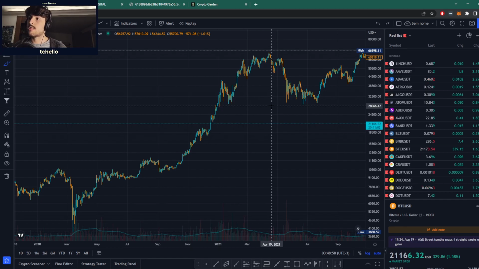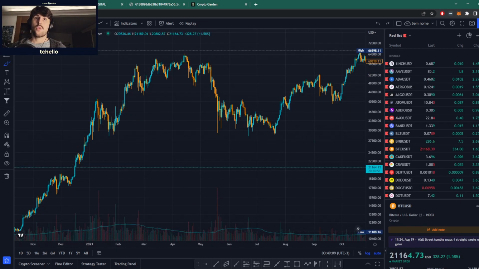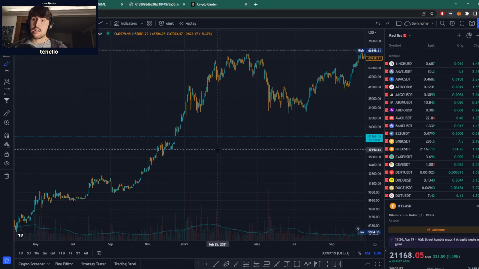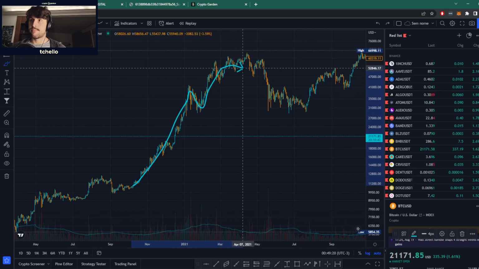Okay, it helps us understand. It's not actually very accurate, but still it helps us understand why the market is moving in a certain way. Okay, so sellers are in control when we are trending down, like here for example, and buyers are in control when we are trending up, like here for example.